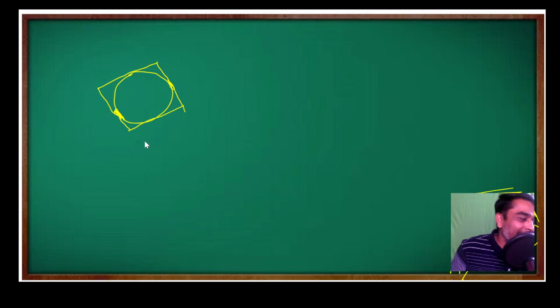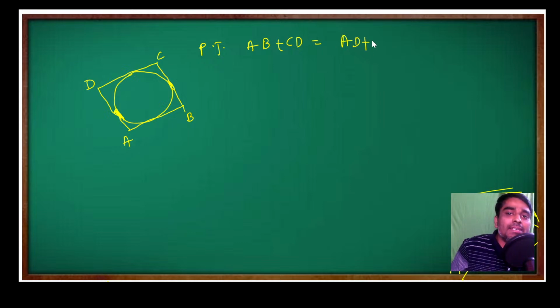Better. Okay, ABCD. This is a quadrilateral which circumscribes this circle. What we have to prove is that AB plus CD is equal to AD plus BC.